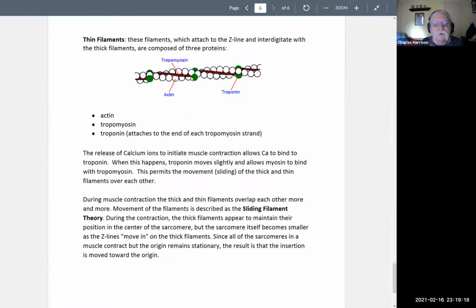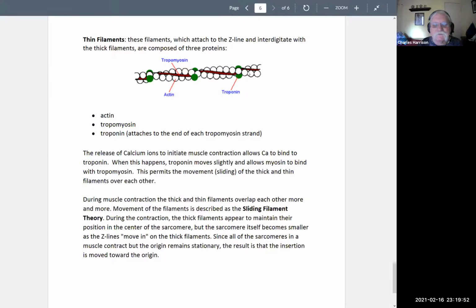When troponin is present and you have a regular thin filament, this is what we have here, a thin filament, and troponin is present, the ability to attach to the thick filament is not present. It's lost. The troponin is covering up the attachment site, and that makes this inoperable.